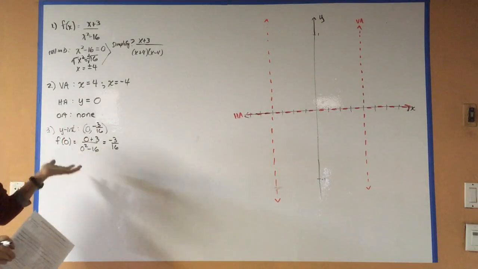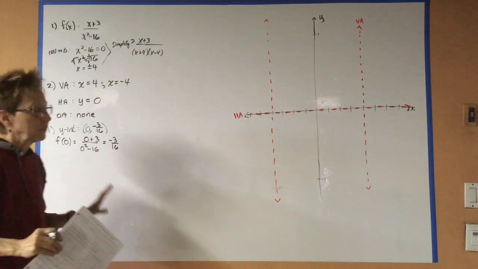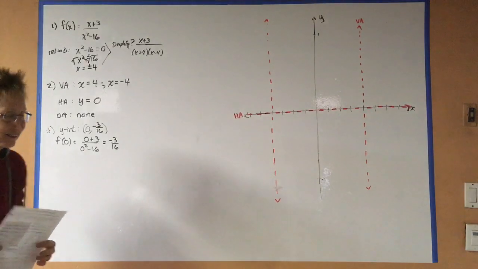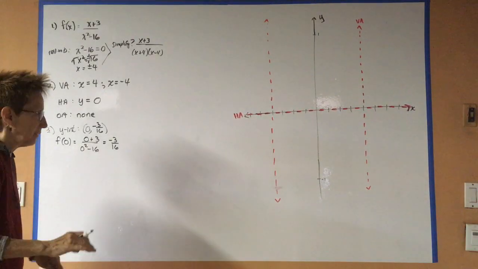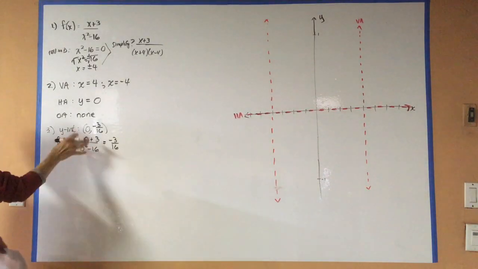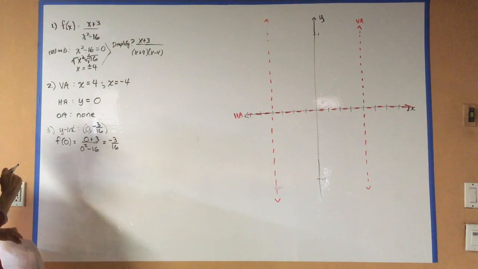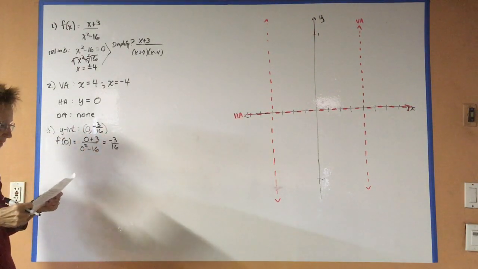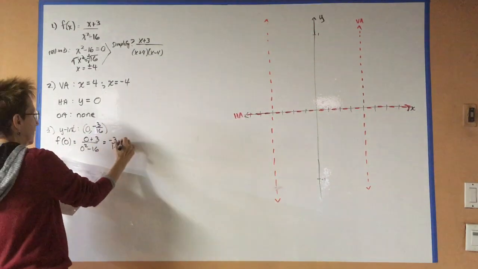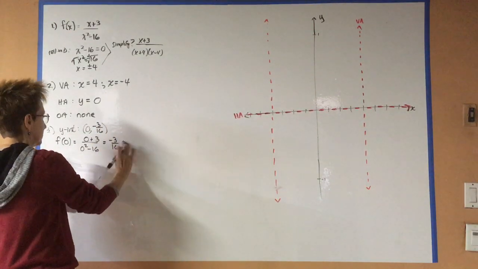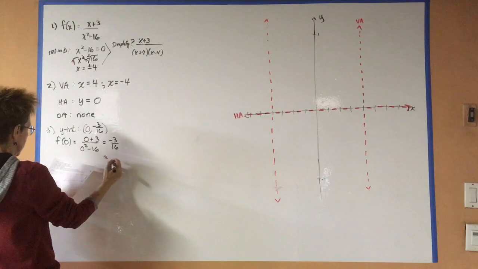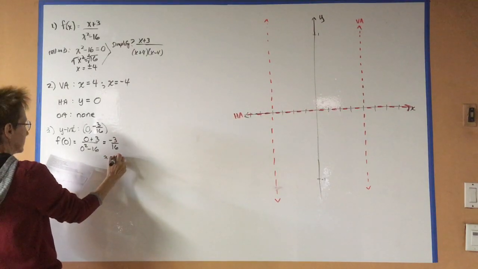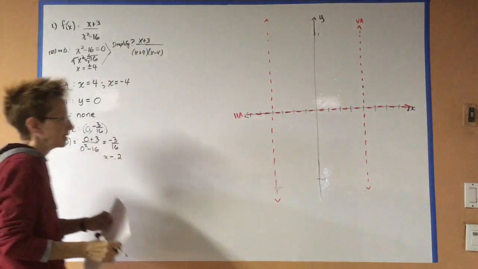I've got to see something, because otherwise I don't know what kind of calculator you're using, and the graphing calculators are amazing. So you've got to show me work so that I know where things are coming from. And this is awkward to graph, so I'm going to approximate the -3/16 in my calculator, and that is approximately equal to, I'll put it underneath, rounding to the nearest tenth, -0.2.